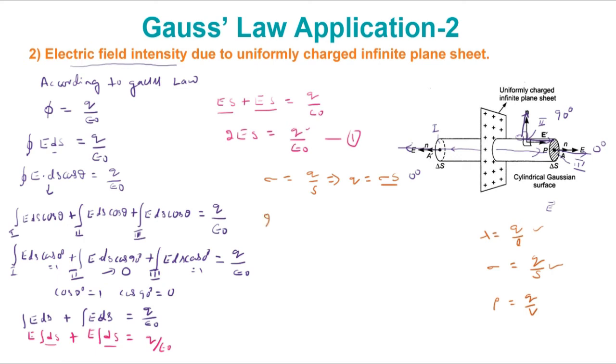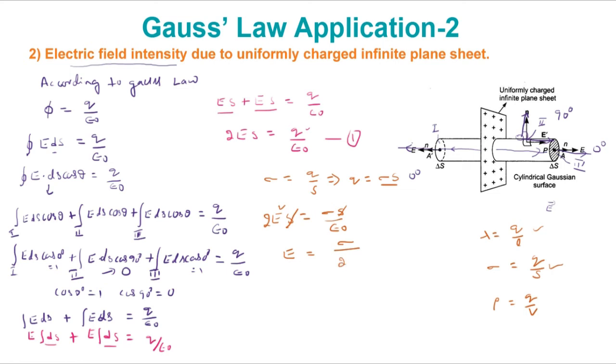So 2ES is equal to, in the place of charge, just substitute sigma S divided by epsilon naught. Here this S and this S cancel. Our target is E, so take E outside. E is equal to sigma divided by 2 epsilon naught, sending the 2 to this side.